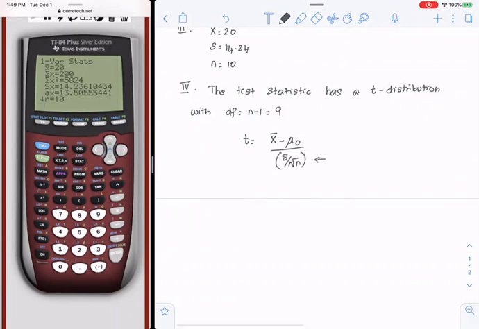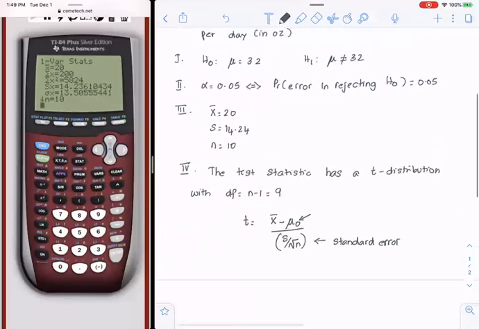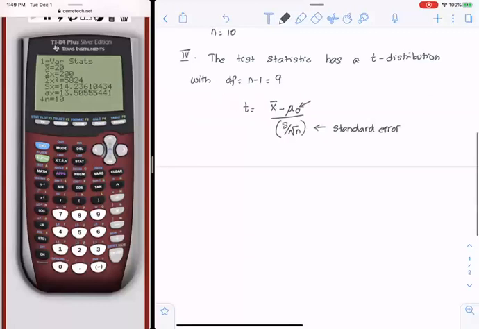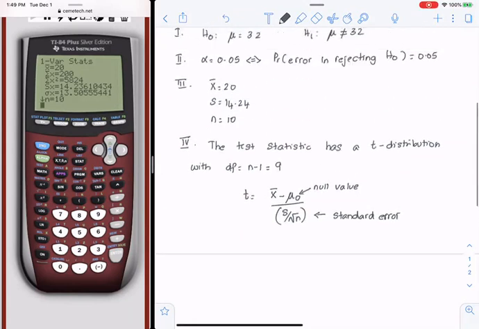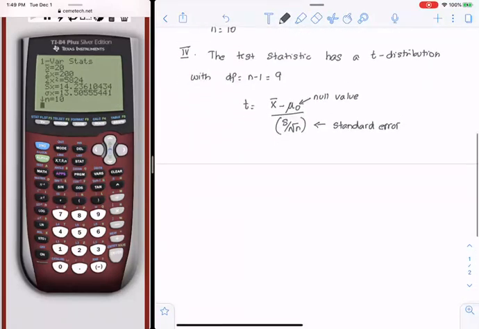The denominator is the standard error. Mu naught is the null value, which in our problem is 32, and x bar is simply 20. That's from step 3.